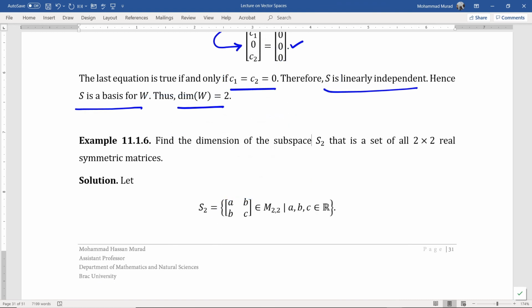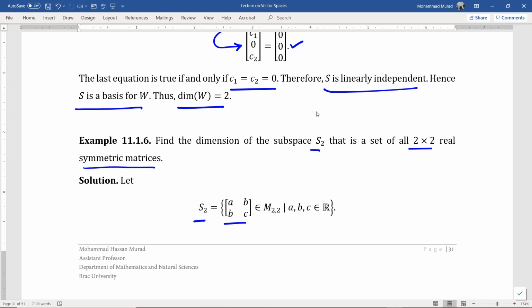Let's have a look at another example. Find the dimension of the subspace S sub 2, that is the set of all 2 by 2 real symmetric matrices. The set S sub 2 is the set of all 2 by 2 matrices of this form.